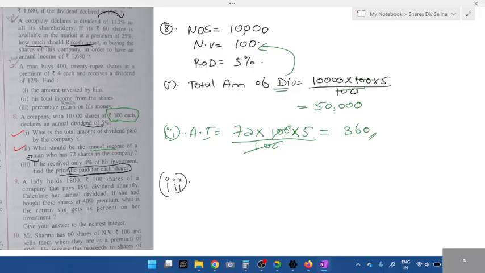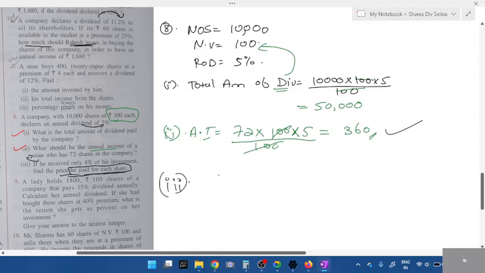What's his annual income, students? Annual income is 360. Okay, this is the annual income. If he received only 4% of his investment, what is this 4%? See, investment is different, income is different.